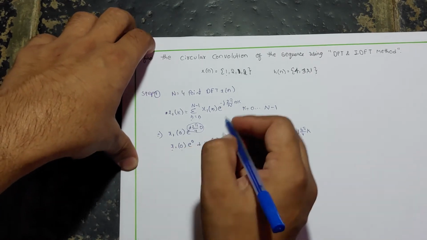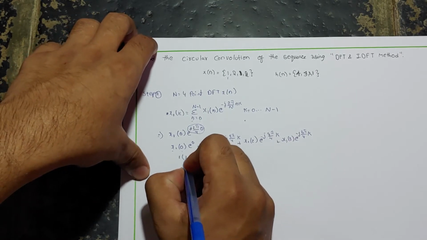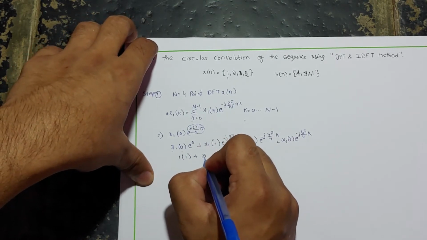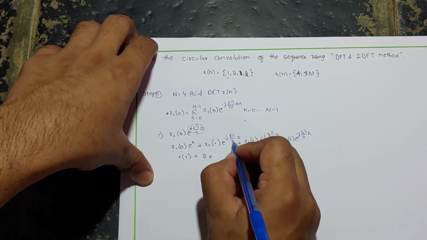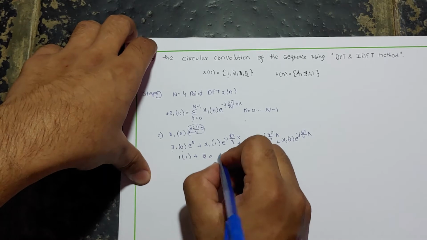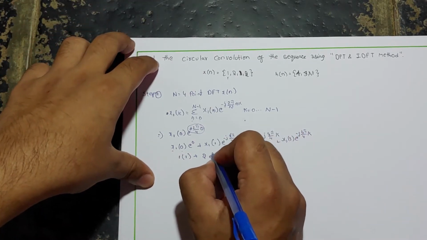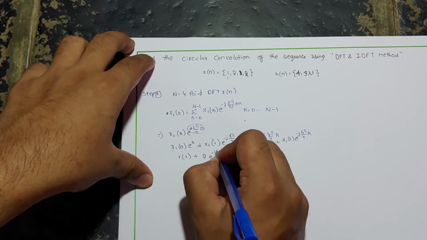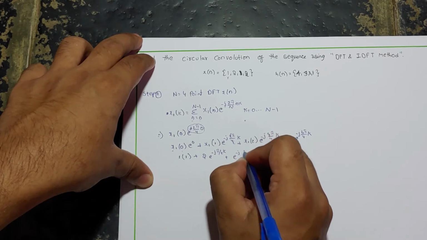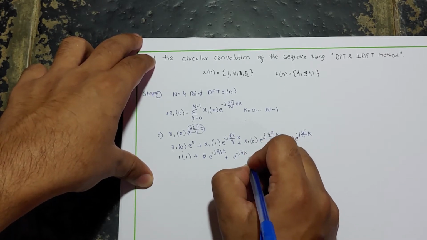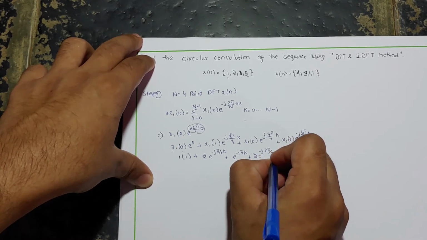Now x1 of 0, here in the 0 position it is 1, so 1 into 1, plus 2 into e power of minus j into pi by 2 times k, plus 3 into e power of minus j into pi times k, plus 4 into e power of minus j into 3 pi by 2 times k.